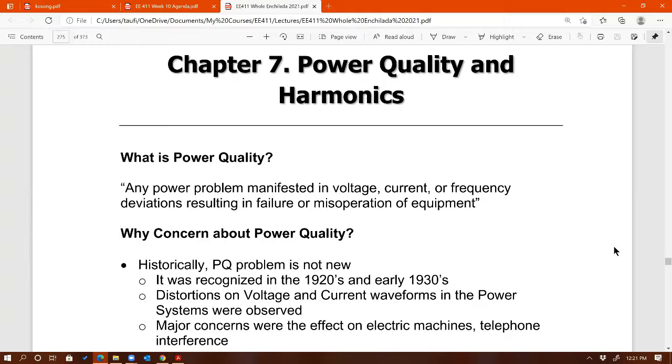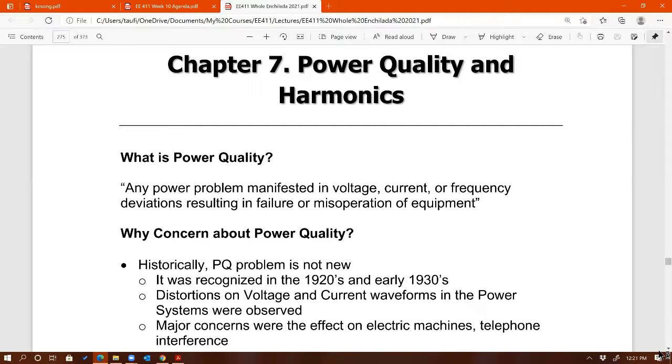Power quality is defined to be any power problem manifested in voltage, current, or frequency deviations resulting in failure or misoperation of equipment, right? That's the definition of it. So any distortion in voltage, current, or frequency deviations would correspond to what they call a power quality problem.